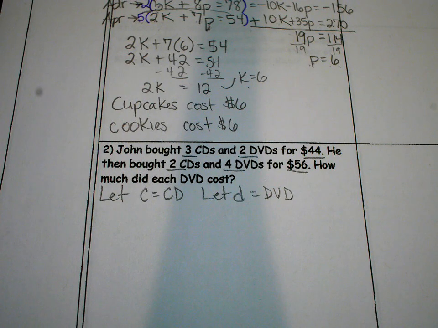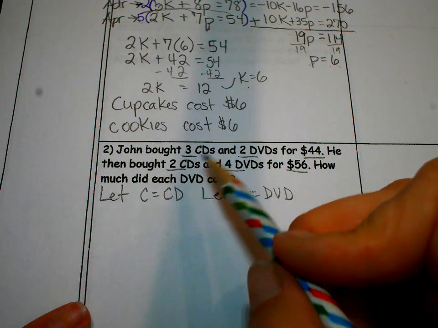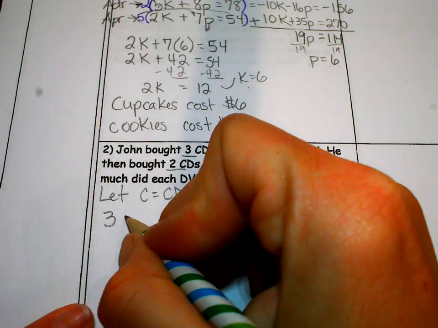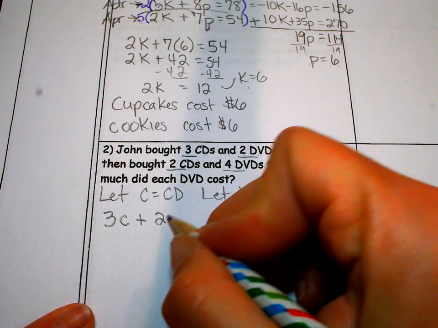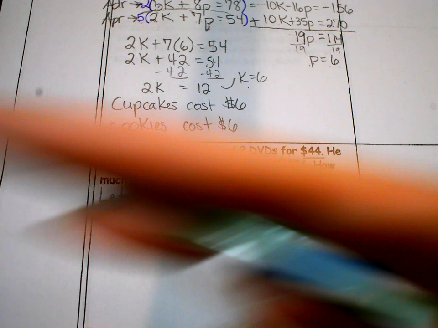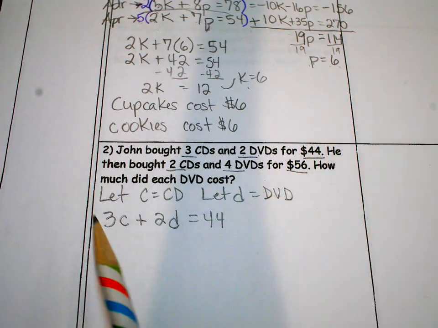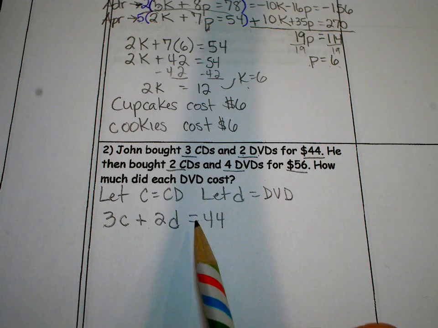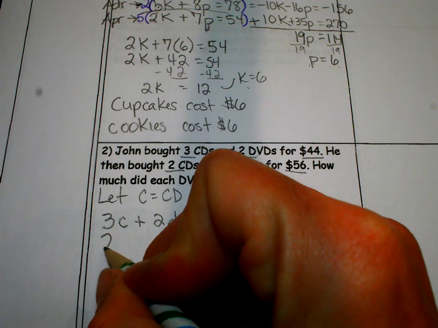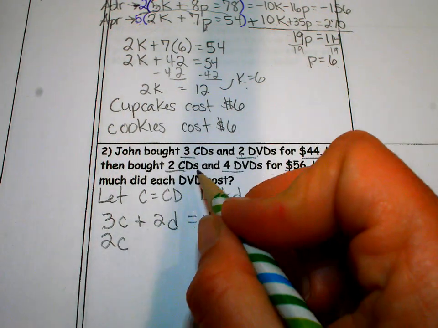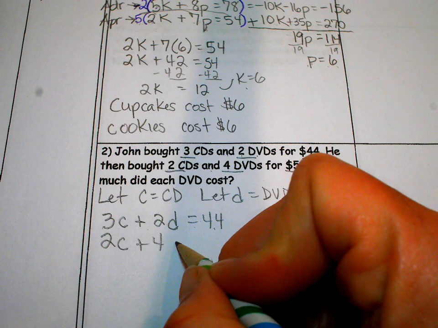It doesn't matter if it's one guy or 2 guys. John made 2 purchases. The first purchase had 3 CDs plus 2 DVDs, and he spent $44. Then his next purchase was 2 CDs and 4 DVDs for $56.